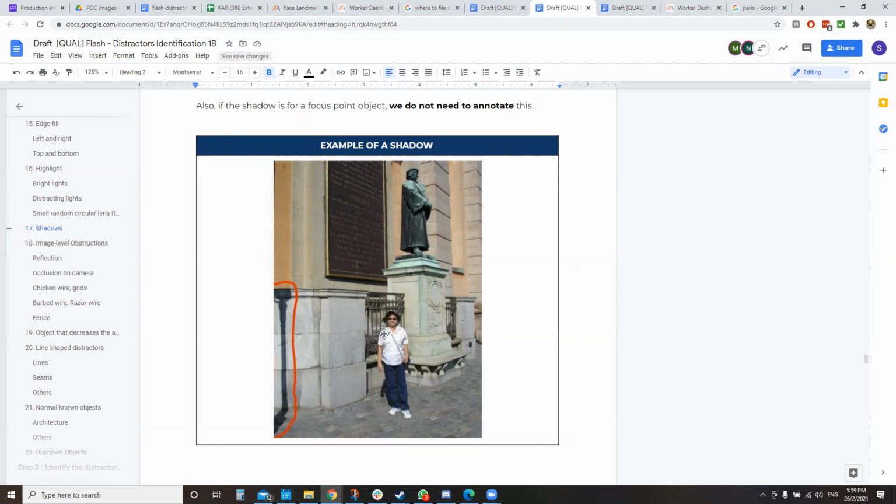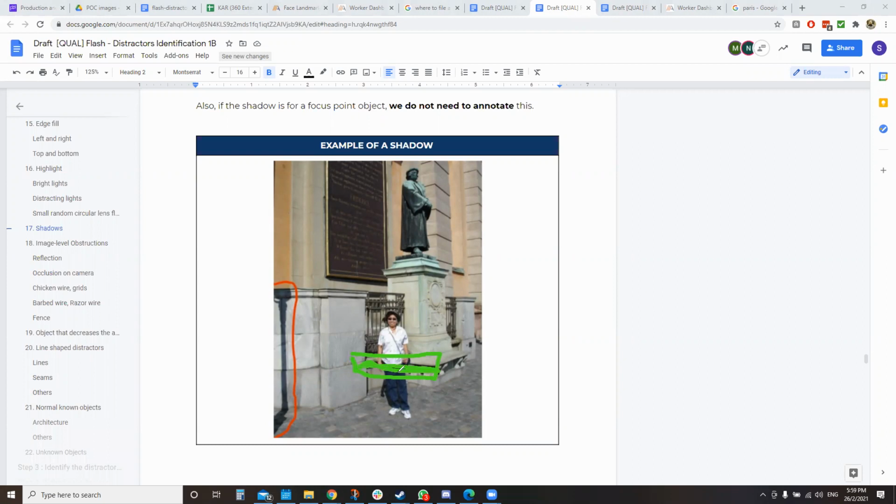Okay, if there's something blocking, just now like I showed you, understand, right? If let's say the body is cut off, this woman is the distractor, cut off like this, and this is the focus object.